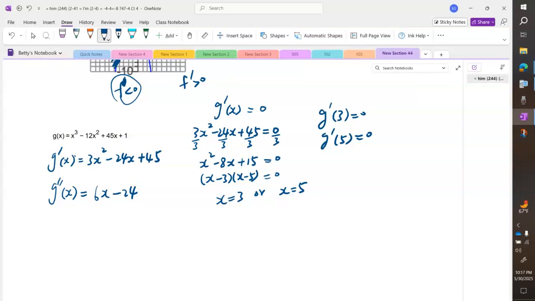And we don't have to worry about a point or a value where the function is not differentiable, because the function g is a polynomial function. A polynomial function has a domain of all real numbers, from negative infinity to positive infinity, and is continuous everywhere and also differentiable everywhere.